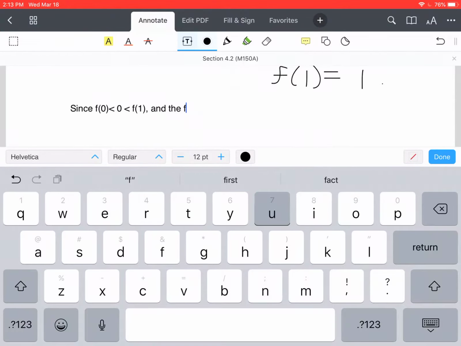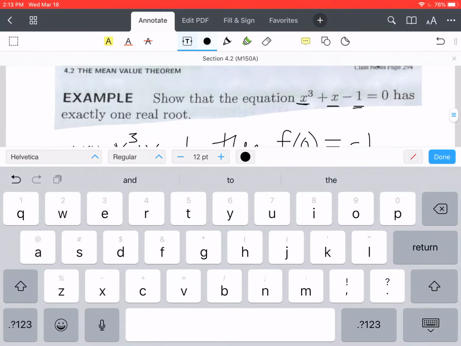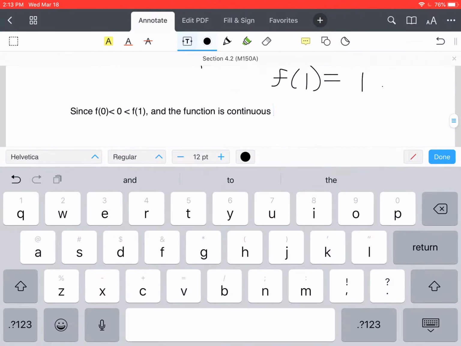And the function is continuous. And we know the function is continuous since it's a polynomial. Polynomials are continuous everywhere.